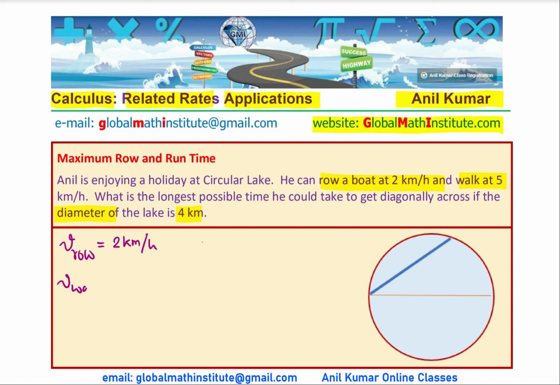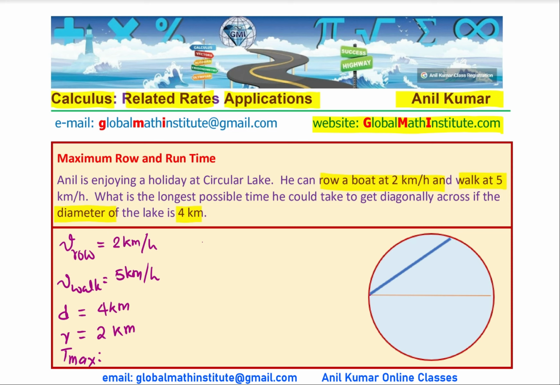Velocity for walking is 5 kilometers per hour. And we are given the diameter is 4 kilometers. So that means the radius will be 2 kilometers, correct? And what we need to find is maximum time. And maximum time for what?